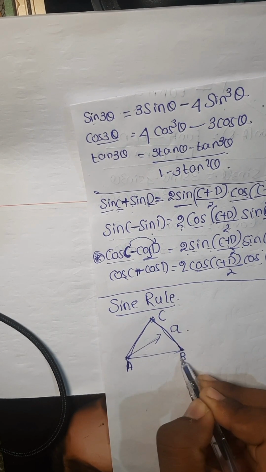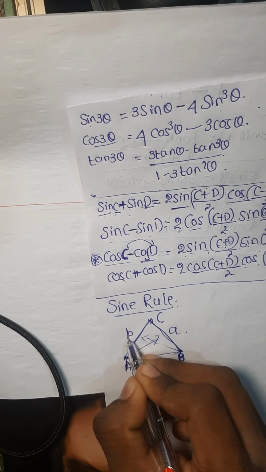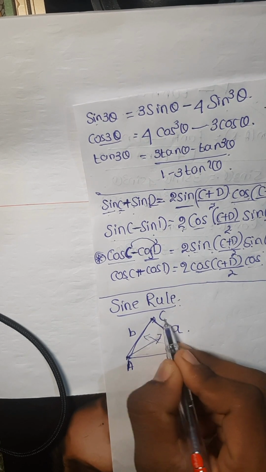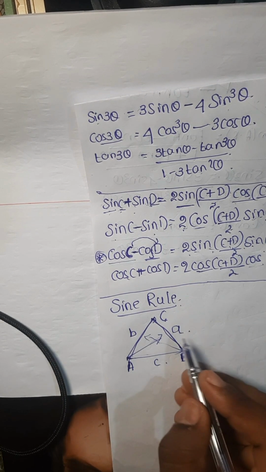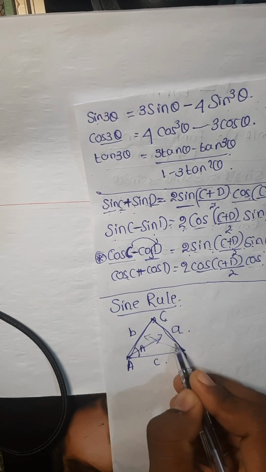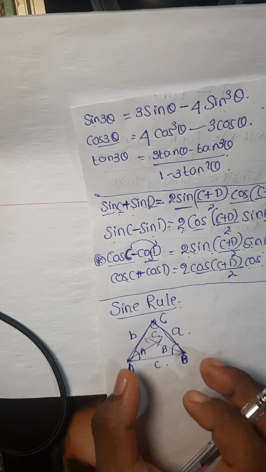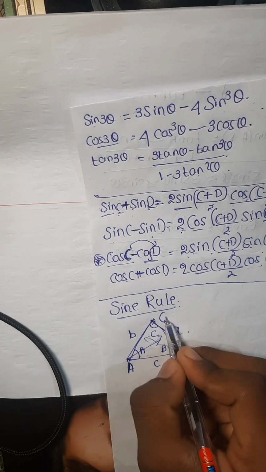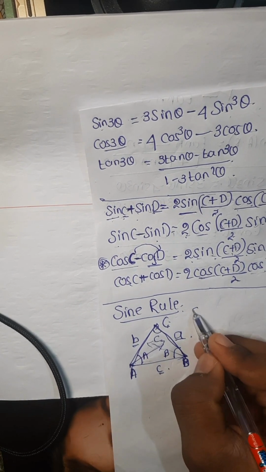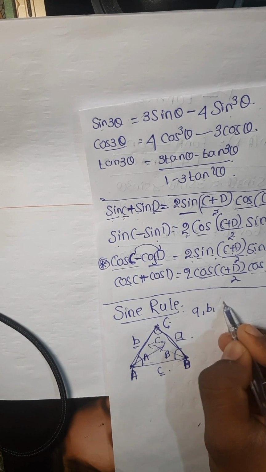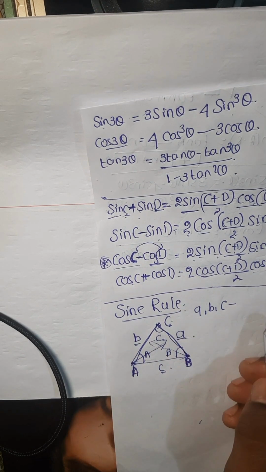If this vertex is B, the opposite side will be small b. If this vertex is C, then the opposite side will be small c. So, this angle will be A, this angle will be B, this angle will be C. Here small a, small b, small c represent the lengths of the sides of the triangle.